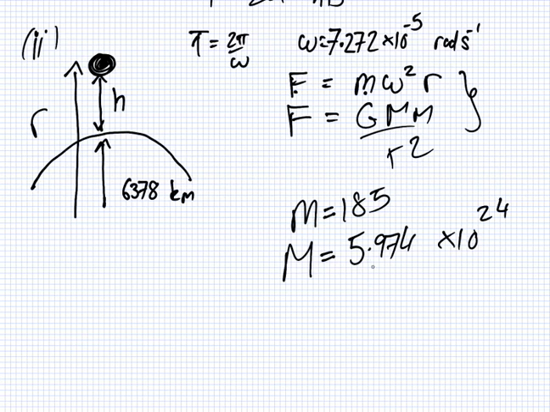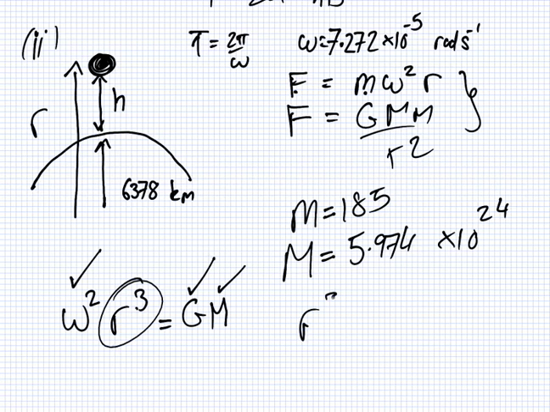That's great. Now what did I have here for R cubed? I removed the formula. I know the last one, so I can get this one here: R cubed equals G M over omega squared.